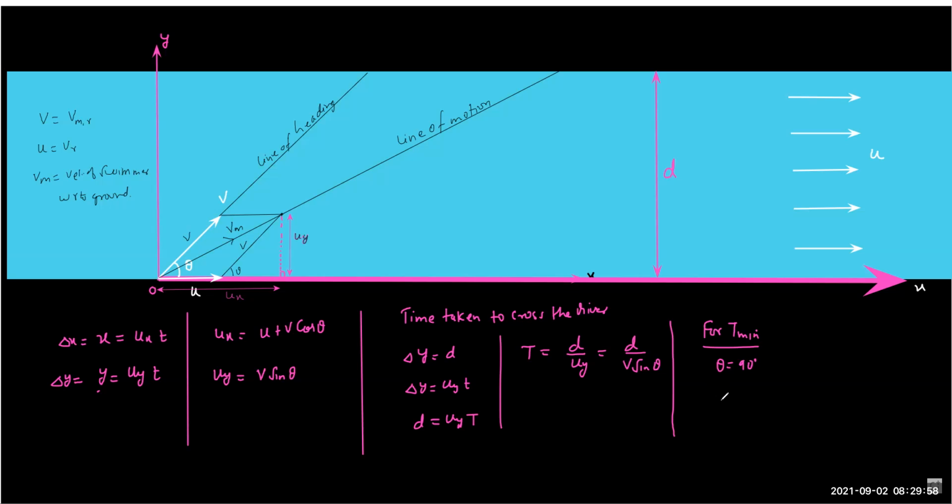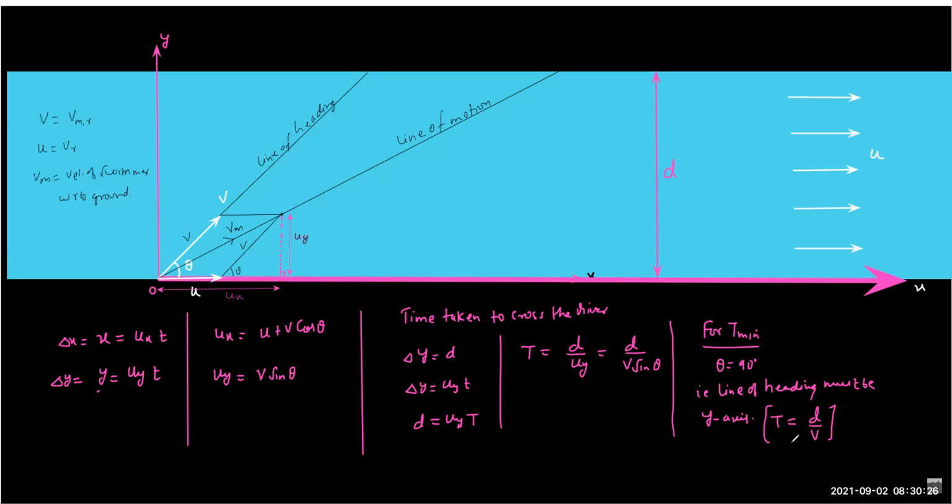That is, the line of heading must be the y-axis, and in such a case, the t will be just d by v.